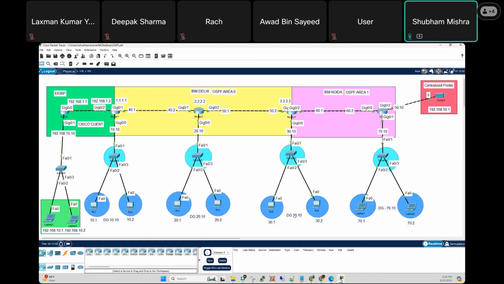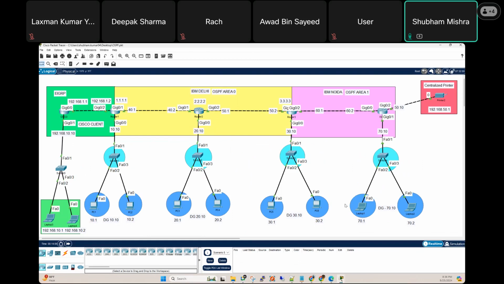I told you in the previous class, LSA 1 and LSA 2 do not go into a different area. If LSA 1 and LSA 2 do not go to a different area, then for example, this PC wants to communicate with this one, which is situated in a different area. Is it possible? No, this is not possible.